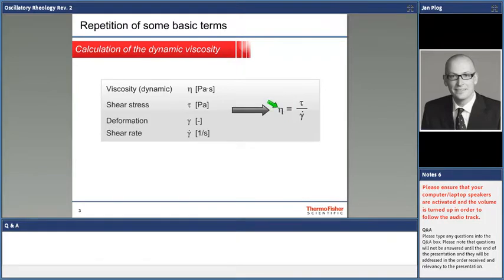It's thus just a constant of proportionality between those two factors. Always keep in mind that viscosity is never measured directly by any given measuring machine, a rheometer, viscometer, whatsoever. It's always calculated according to those two parameters.